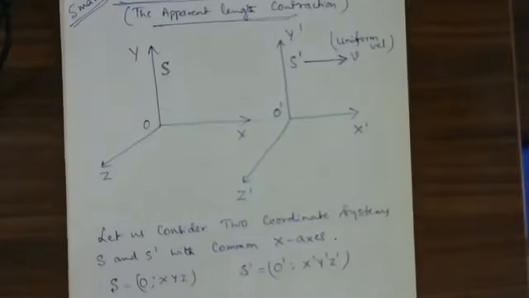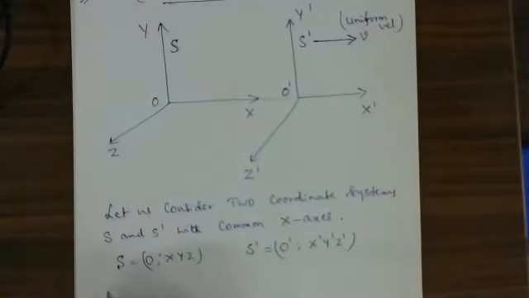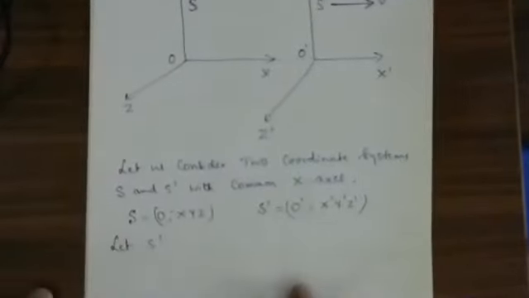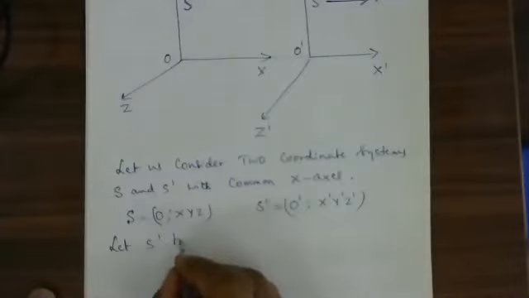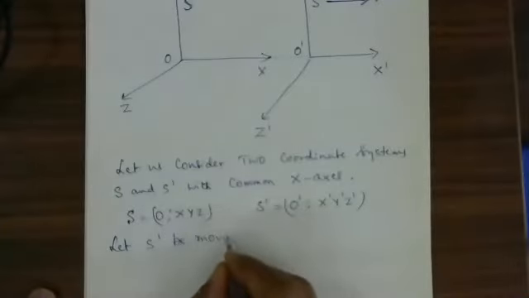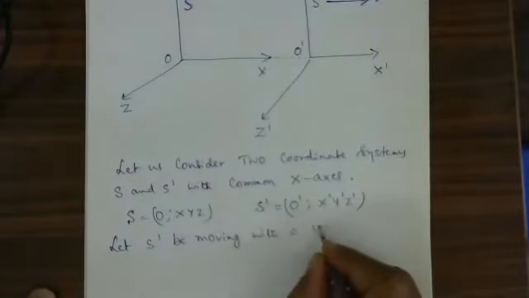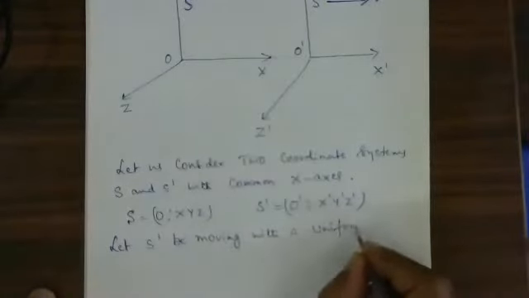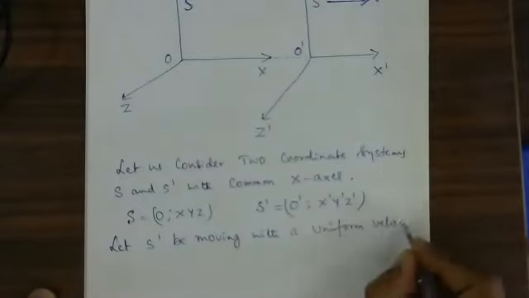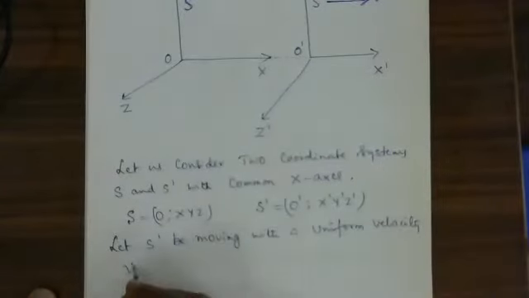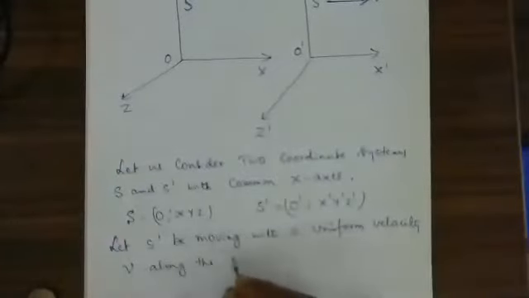Right. So I will write that concept here. Let S dash be moving with a uniform velocity V along the common x-axis.